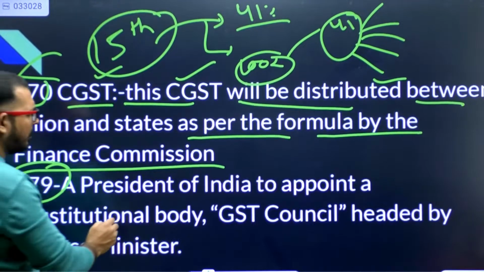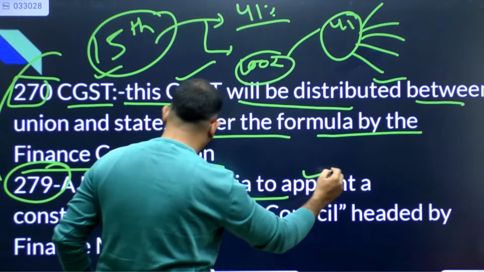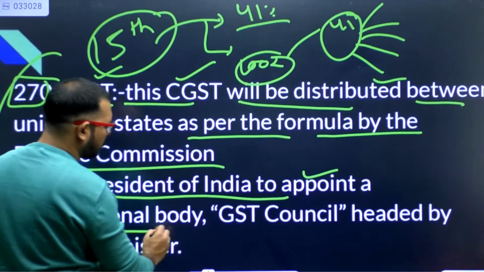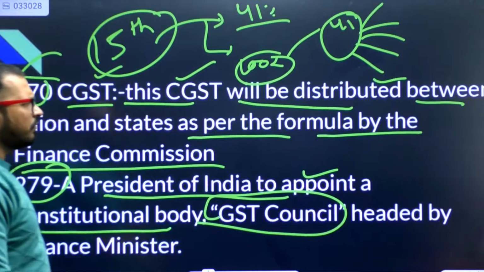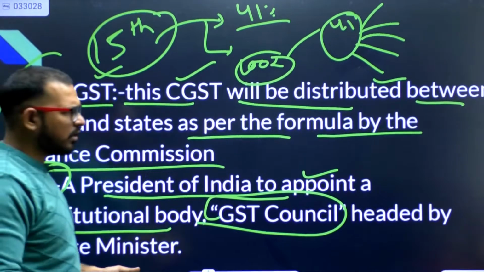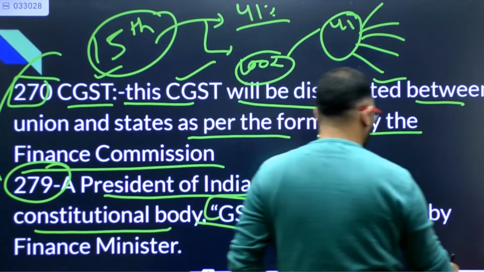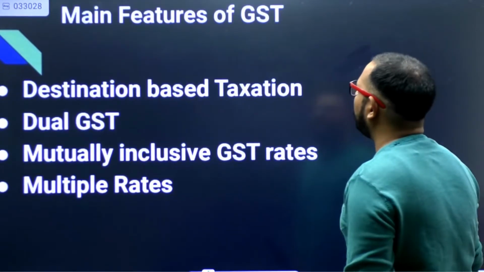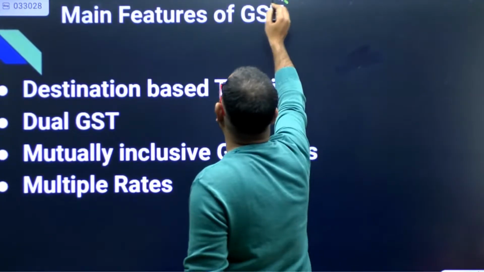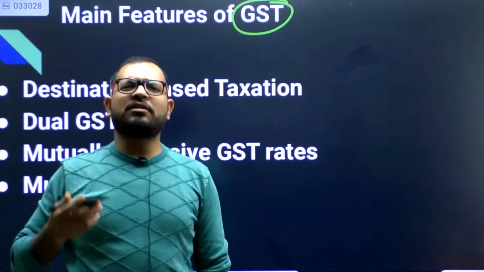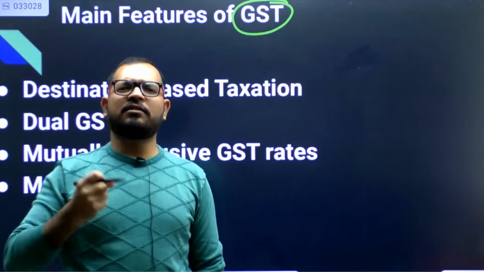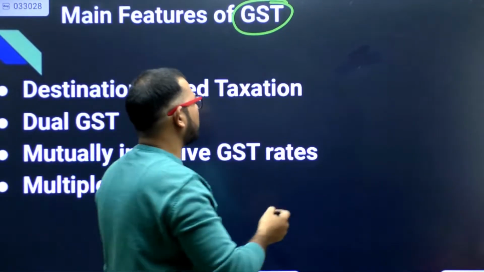Article 279A: the President of India appoints the constitutional body which is known as the GST Council. We will be understanding what the GST Council is and what it does. Now let's talk about the features of the GST. People are basically confused about what this CGST is, what this SGST is, what this IGST is. So let's talk about this also.